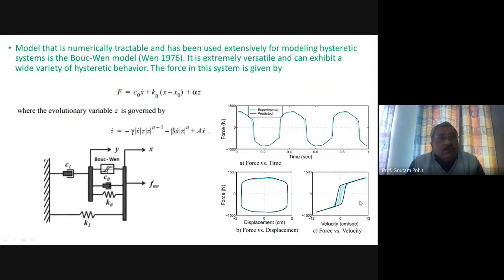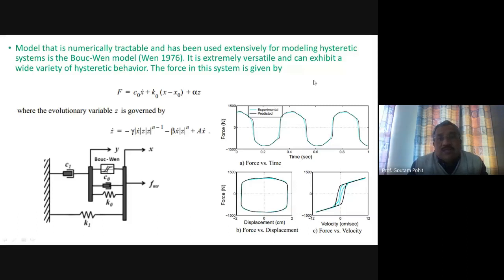Now they have done another model. I am talking about this. This is the Bouc-Wen model. Okay, it's from 1976. The model that is numerically tractable and has been used extensively for modeling hysteretic systems is the Bouc-Wen model. It is extremely versatile and can exhibit a wide variety of hysteretic behavior.